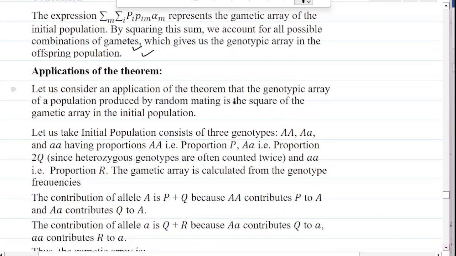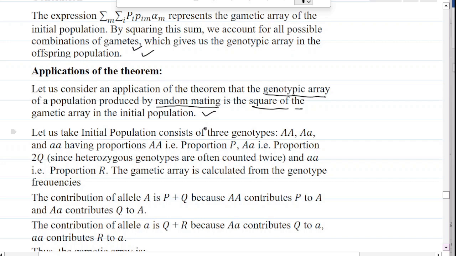Again, let us consider an application of this theorem, that the genotypic array of a population produced by random mating is the square of the gametic array in the initial population.